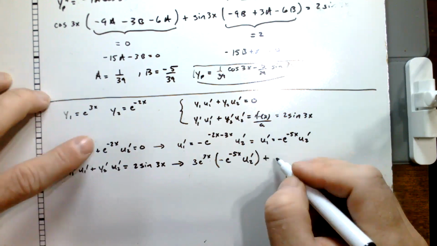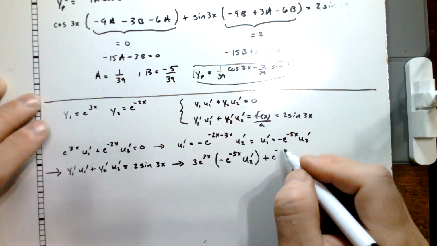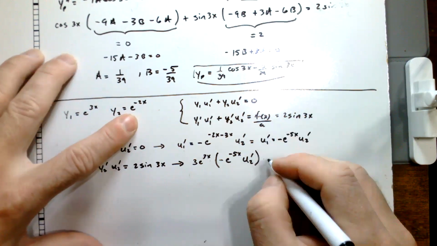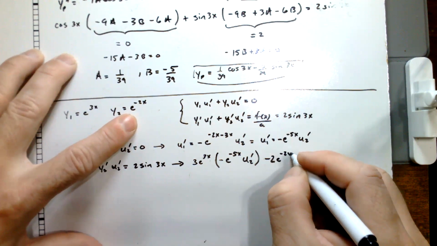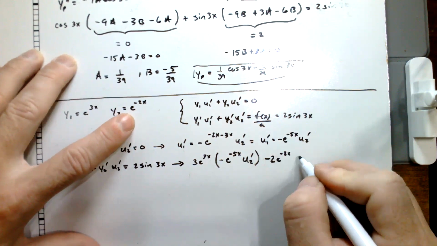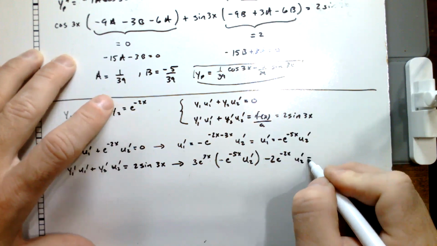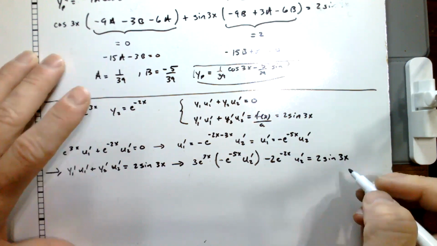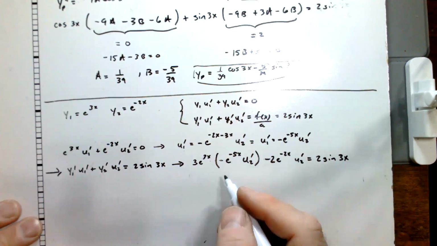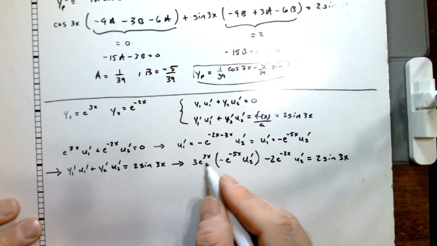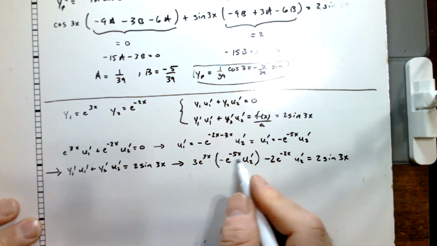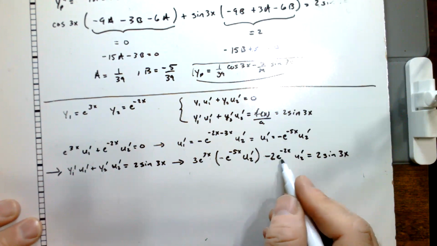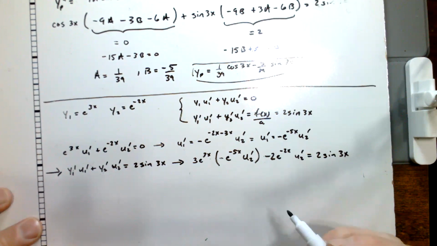Plus, oh no, sorry, I need to take the derivative of y2. Well, that's going to be minus 2e to the negative 2x. That's y2 prime. And then u2 prime is equal to 2 sine of 3x. Okay. All right. So this is y1 prime. This is u1 prime in terms of u2 prime. And then this is y2 prime, and this is u2 prime. Okay.